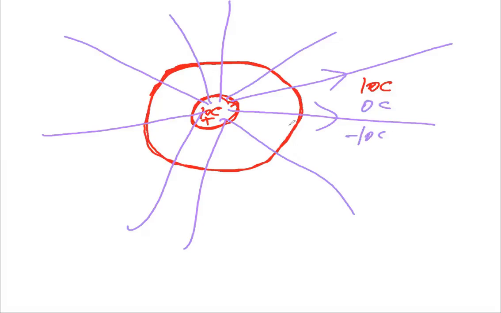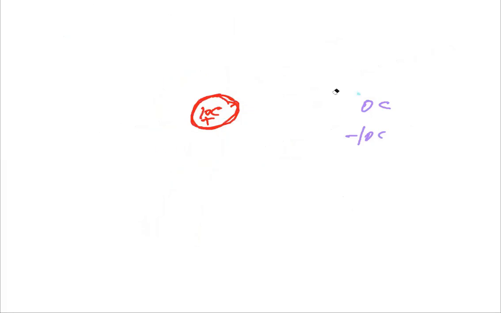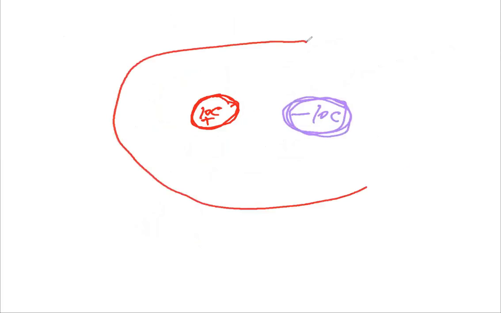Where if I place another charge like this, and that is minus 10 Coulomb, then what will be the charge on this surface? That will be equal to plus 10, 0 Coulomb, minus 10 Coulomb.